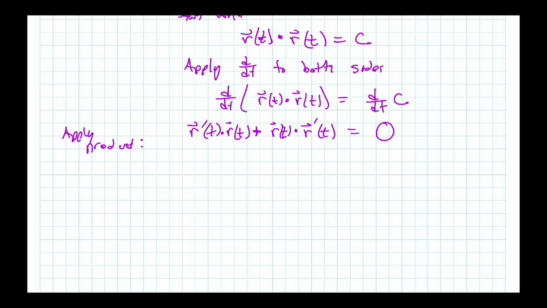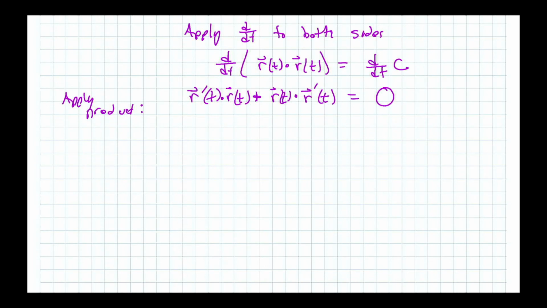And the thing about these is because this is r and this is r, they're the same r, you end up with r prime dot r and r dot r prime, but you probably remember that the order doesn't matter here because dot products are commutative. So you can write this as r prime dot r plus r prime dot r. These are dot products. So you can write it that way.